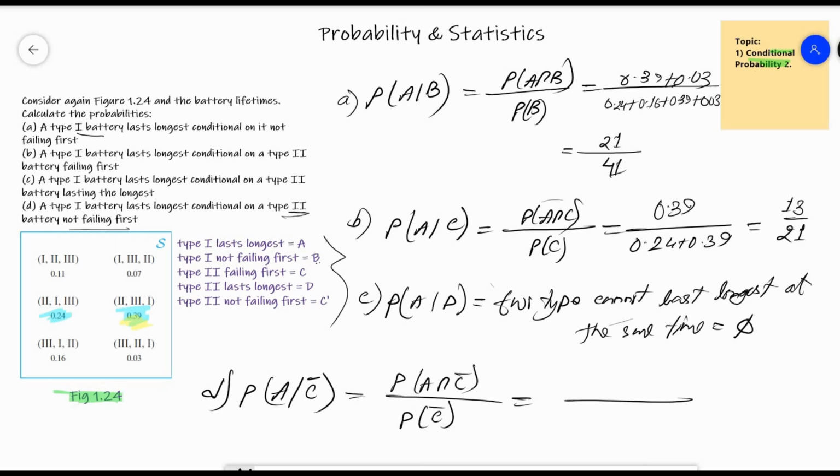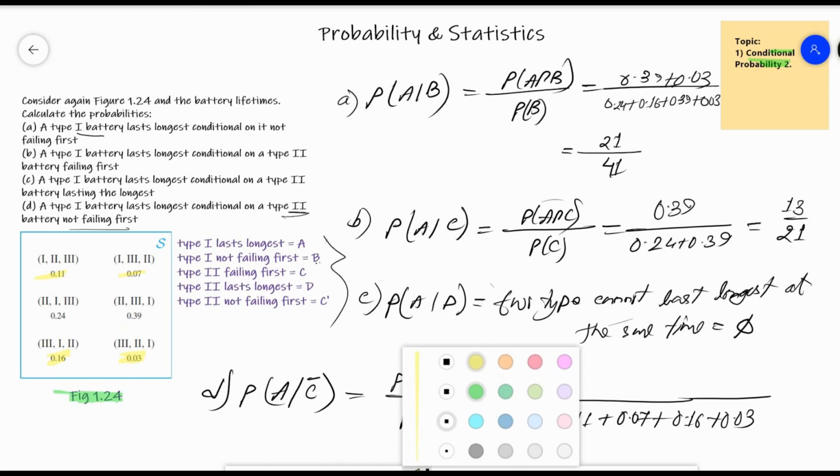Now for this case, we have to find out from the diagram first where type 2 is not failing first. So we have 0.11, we have this one, we also have this one and this one. So we will write this in the denominator first: 0.11 plus 0.07 plus 0.16 plus 0.03, and in the numerator we have this condition.